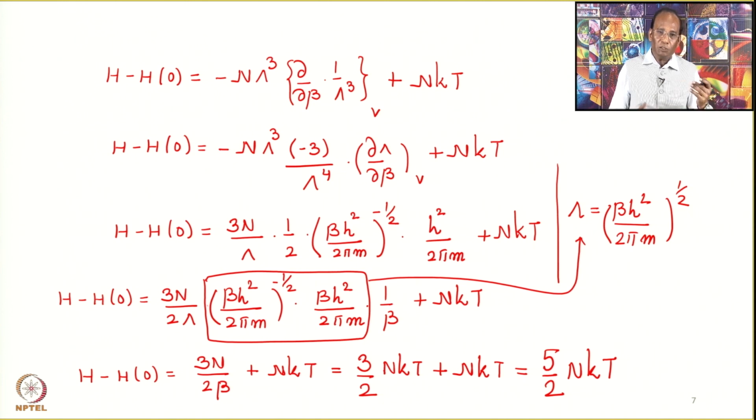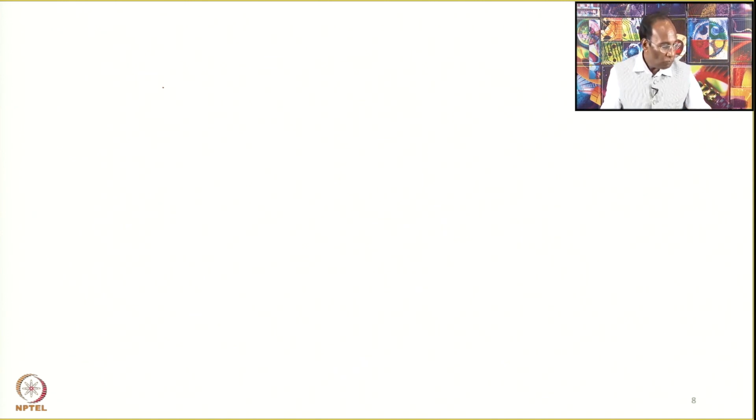We have obtained H minus H0 is equal to 5 by 2 n kT. Let us carry it forward.